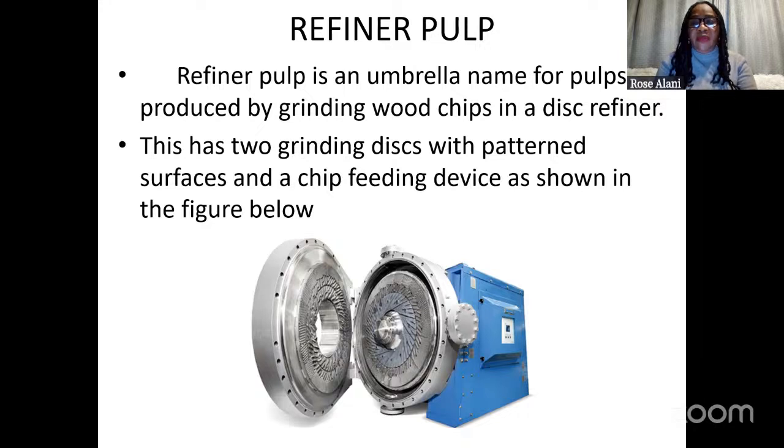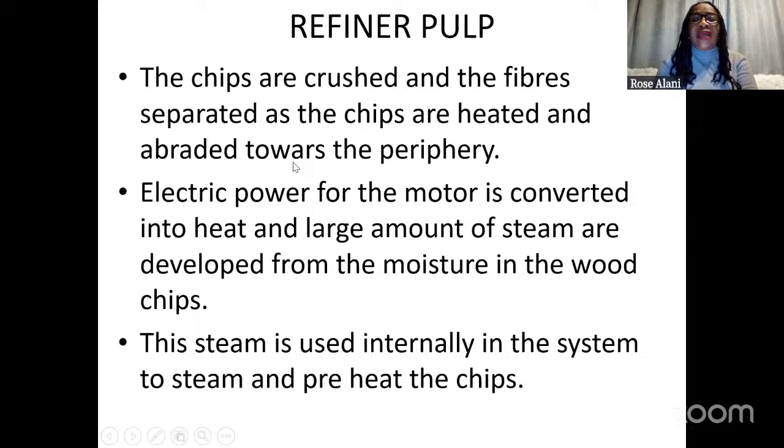Like I mentioned before, the two discs can be rotating against each other, or one can be rotating while one stays, and then it grinds your chips. The chips are crushed and the fibers separated as the chips are heated and abraded toward the periphery.